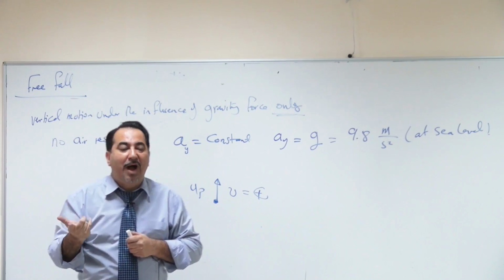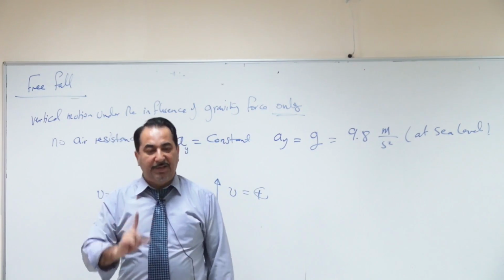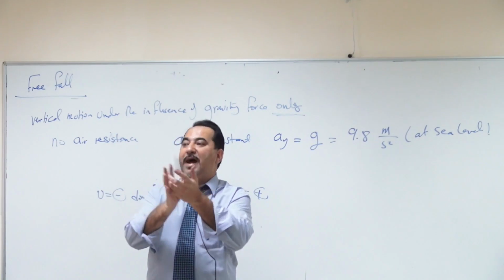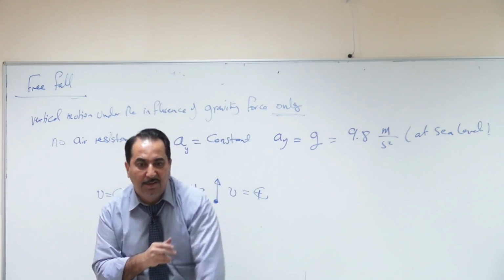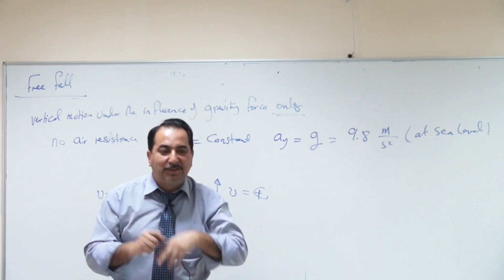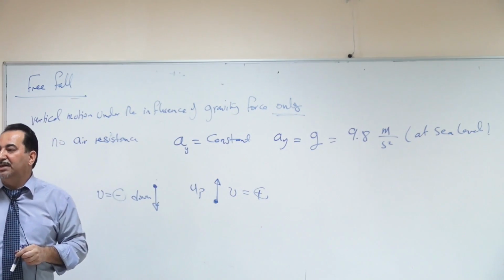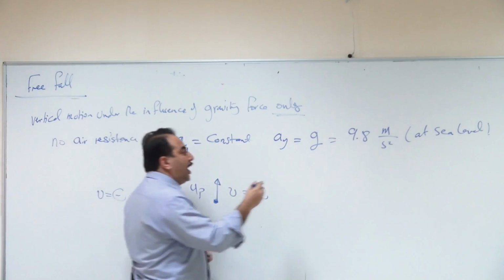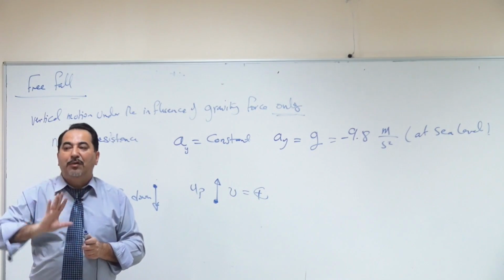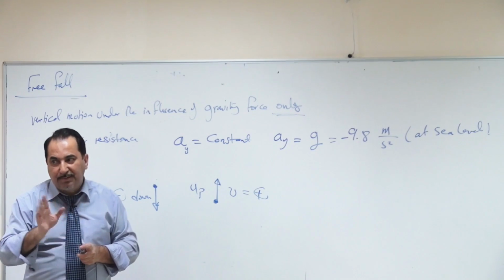Because acceleration comes from gravity, have you seen gravity up? No, always down. So even when you throw the pen up, g is down. And when it comes down, g is down too. So in both cases, what is the sign of g? Minus, because down is minus. So it's not 9.8, it's minus 9.8. So g is always minus 9.8, okay?